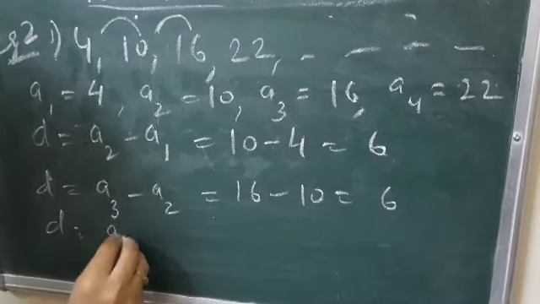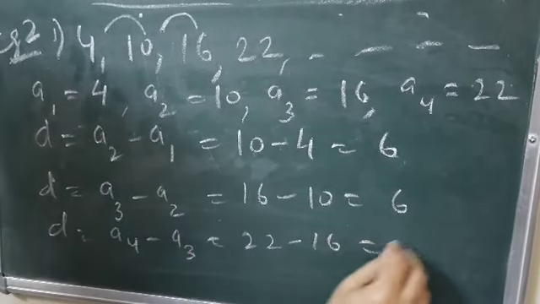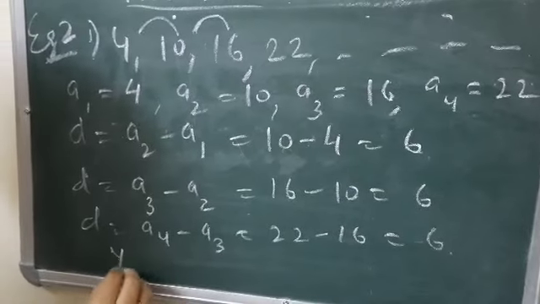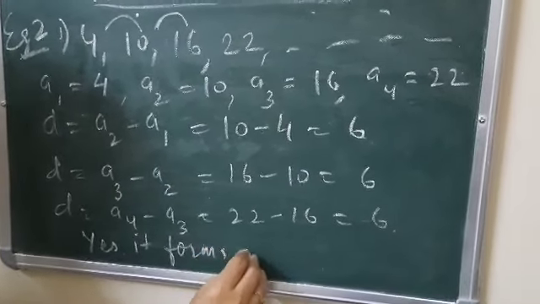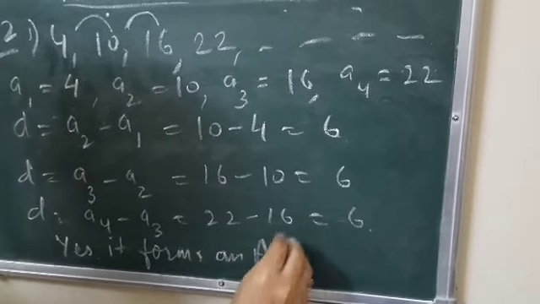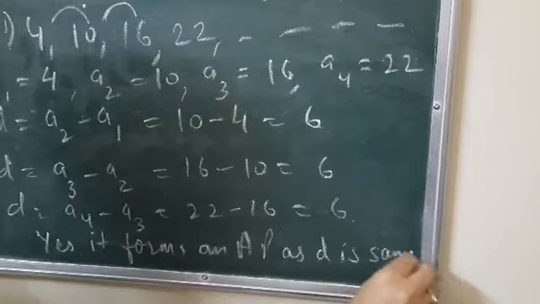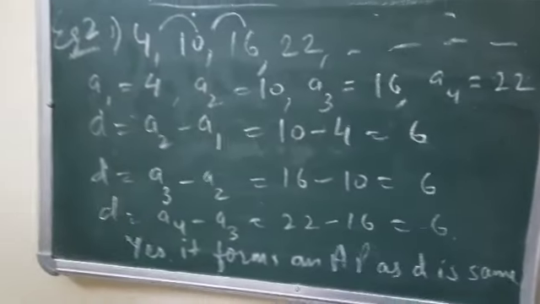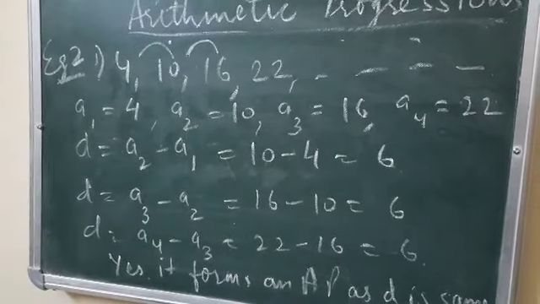Next D, A4 minus A3, 22 minus 16, again it is 6. So you will write yes, it forms an AP as D is same. So this is how you will check whether a given sequence forms an AP or not.